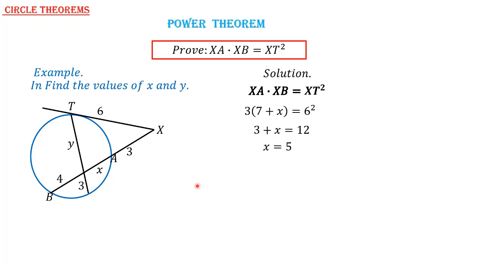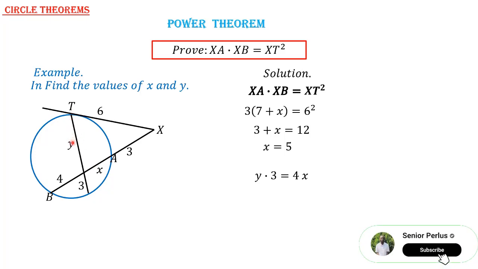How will we find our Y? Right? We have the other theorem. Do you remember that theorem? So our Y is this Y times the 3 here, the same as the 4 times the S here.